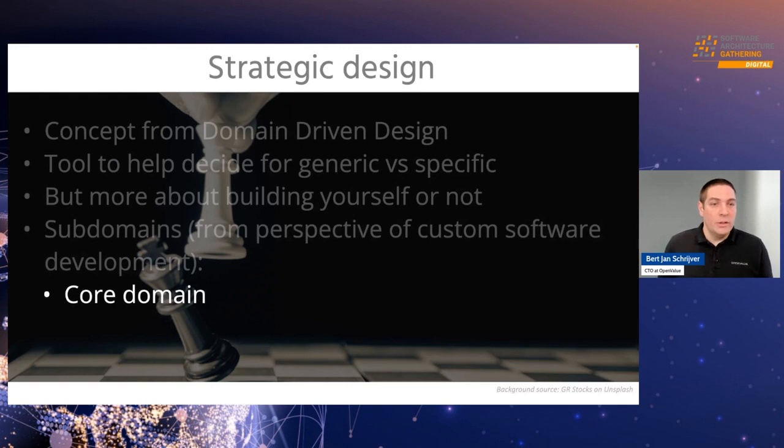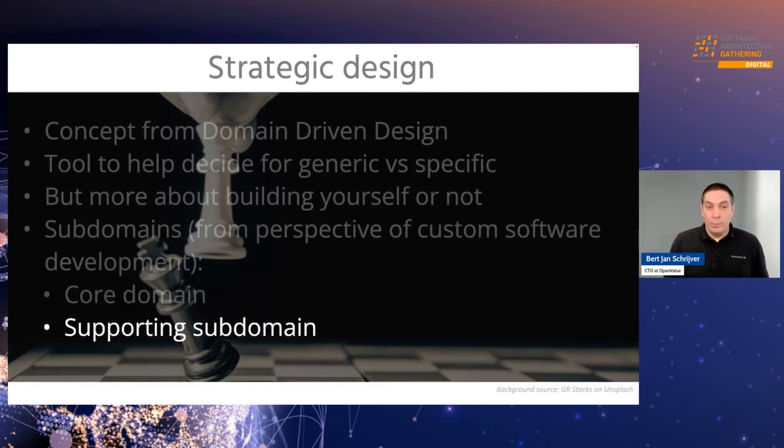The first one is your core domain. A core domain is something that makes an organization special and different from other organizations. An organization cannot succeed without having their core domain and being really good at the core domain. So because it's so important, this should have complete focus. You should build this yourself, have your best team work on this, because without this, your organization cannot function.